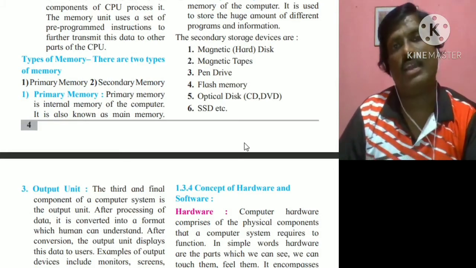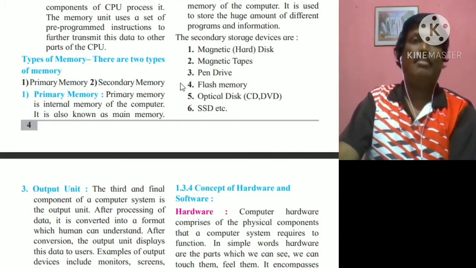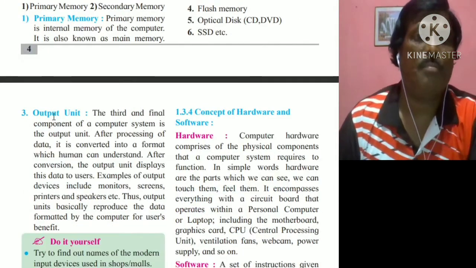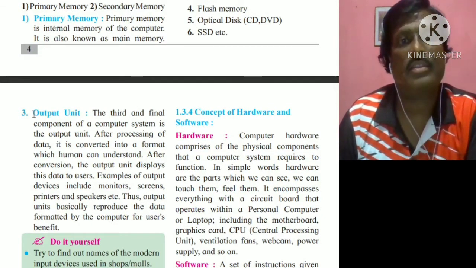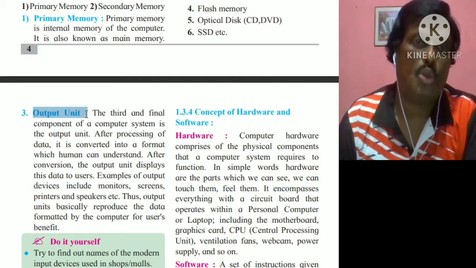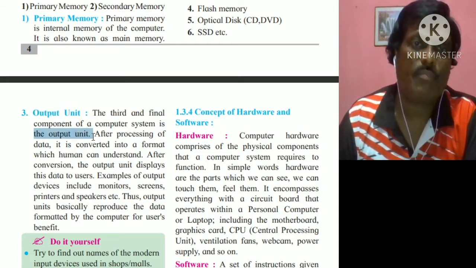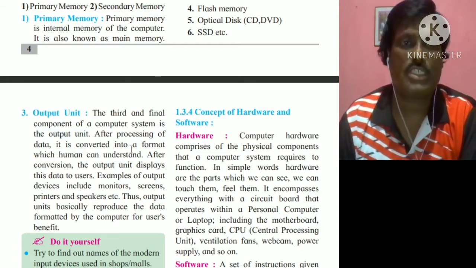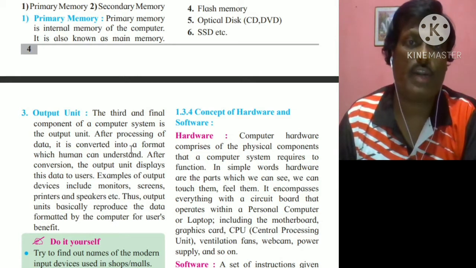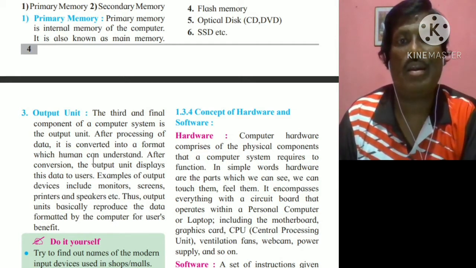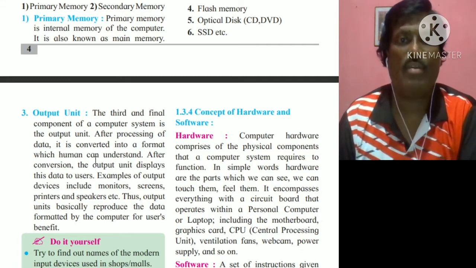And then we come to the last basic component of computer, third, output unit. The third and the final component of computer system is the output unit. After processing of data, it is converted into a human readable format. Okay.